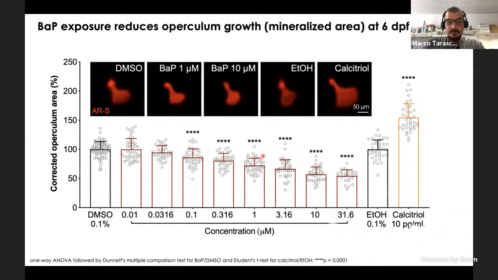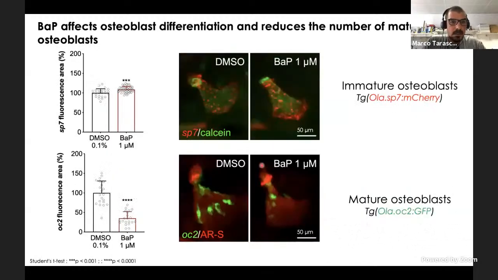Then, to understand better how the cells were reacting to BAP, we selected 1 micromolar, which was the highest non-lethal concentration. And we used two transgenic lines, sp7, which labels immature osteoblasts in red, and osteocalcin, which labels mature osteoblasts in green.